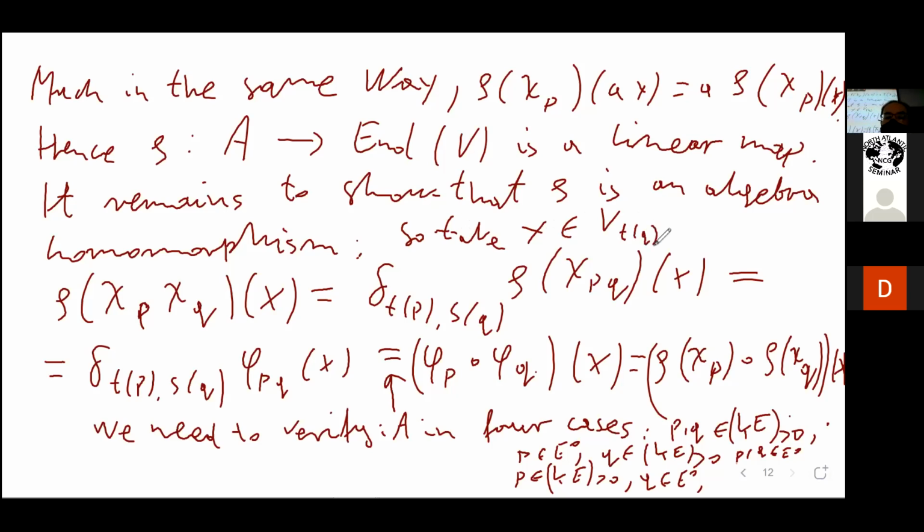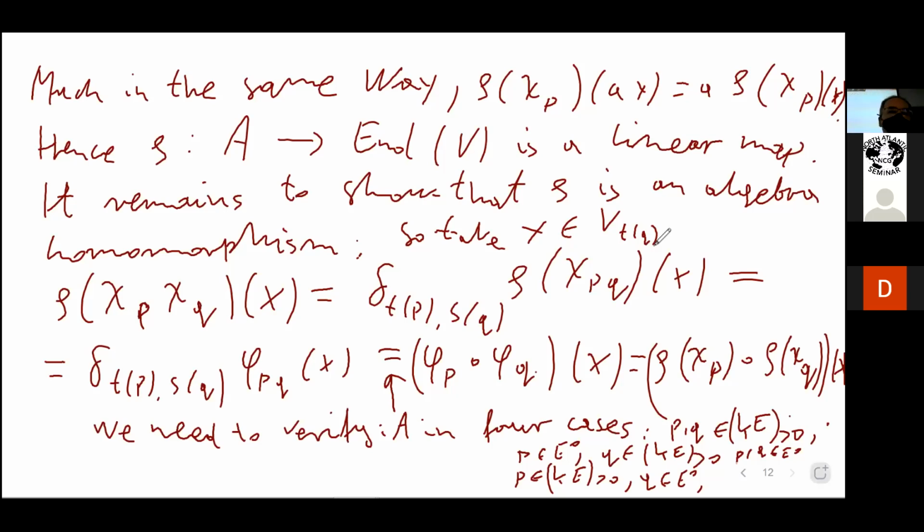Yeah, you're right. If x is in V_{t(Q)}, then the check I did with a projection is much easier, right? You know that phi Q of x is just x, so I didn't have to say it. But basically what I said for this one of 4 cases, I have to say for all cases.